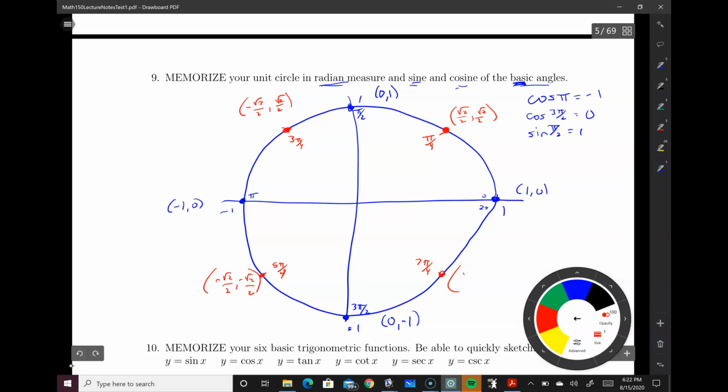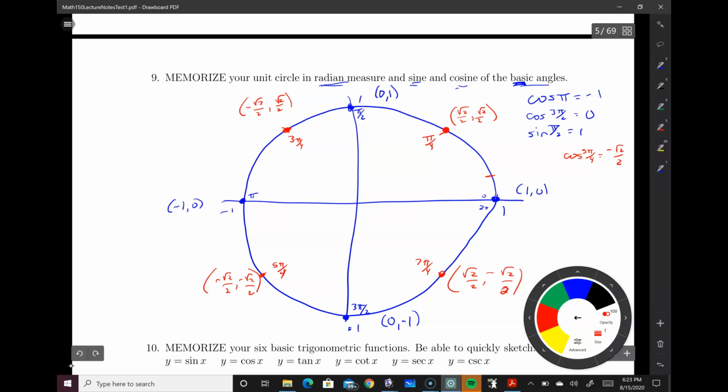And this one here is positive in the x direction, negative in the y direction. All right, so if I ask you what the cosine of 5 pi over 4 is, I would expect you to know that that's negative root 2 over 2. No decimal calculator answers.